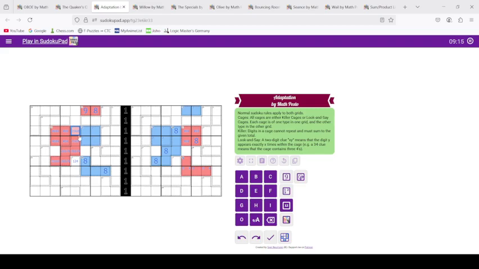The 8 either goes here. This is not an 8. So this is an 8. And now this is an 8. One of those 2 is a 9, as well as one of those 2. Making a pair along this column and this box.